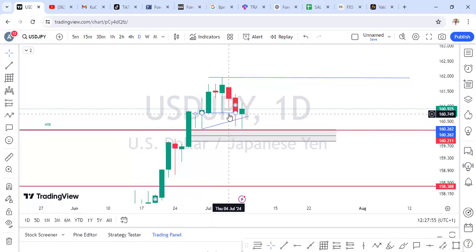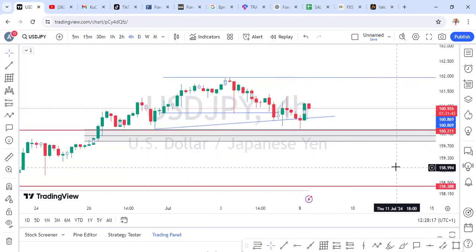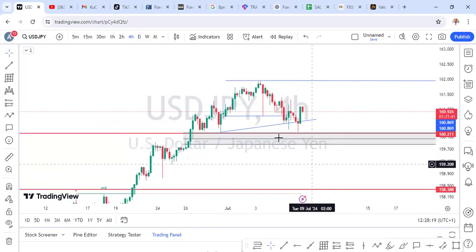So now we can see that even on the daily, price is finding it difficult to break this low, and I find this low as a divergence. So come to 4 hours.